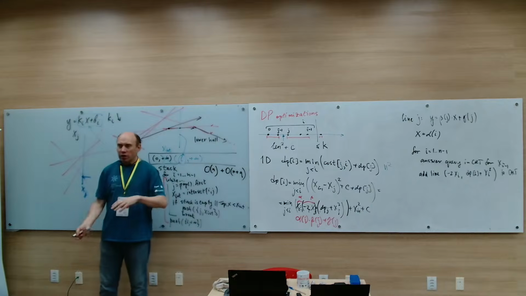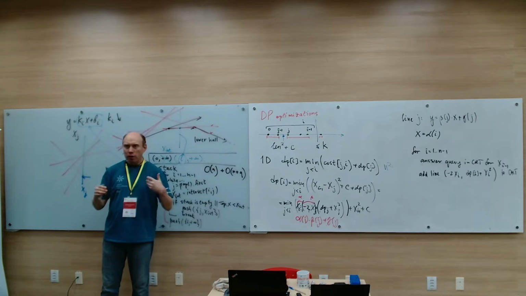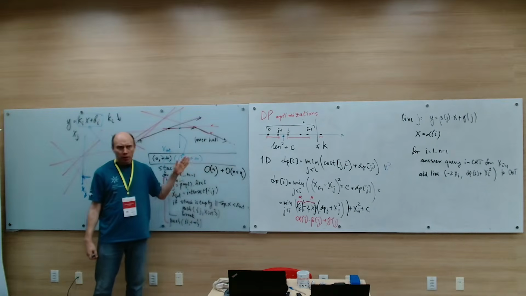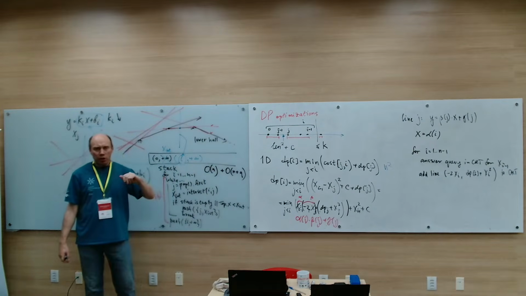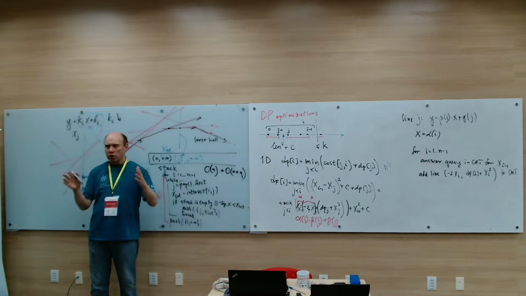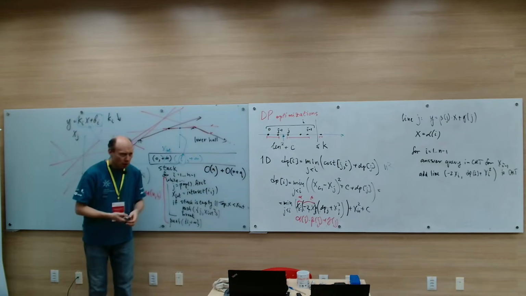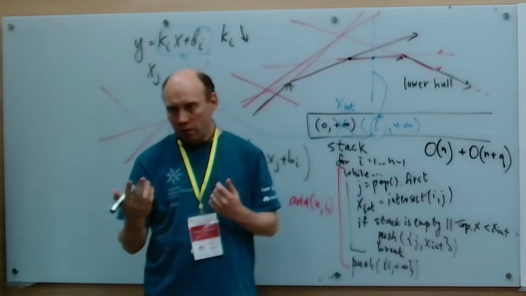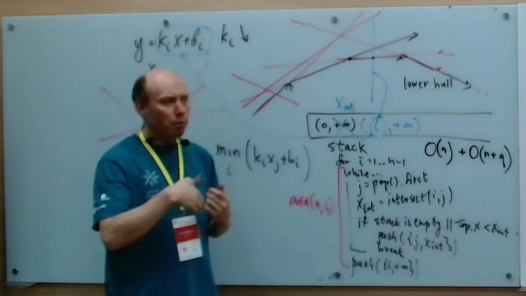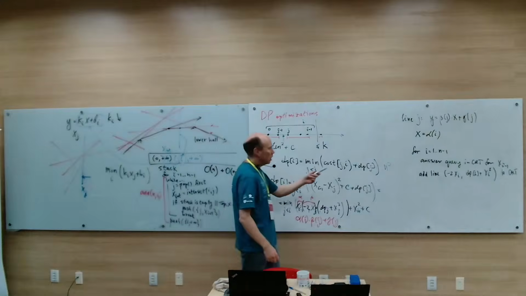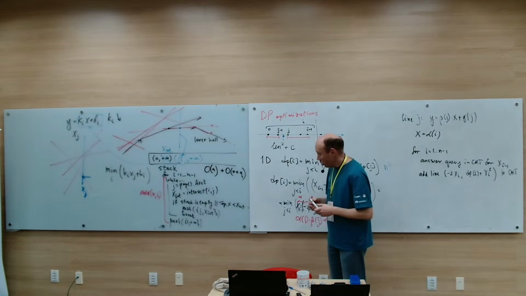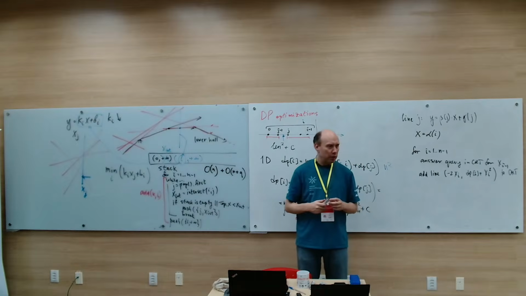If the set of lines were constant, then the pointer would always be going along the stack from the beginning to the end. But since it's not constant, the stack itself changes, and it can turn out that our current index in the stack was popped. So when we are popping, if our current index in answering queries is pointing to the line that is popped, it must be decreased by 1.